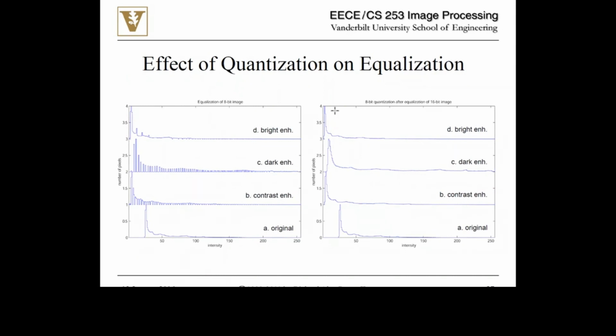This is the original image in 8 bits, and then we go with the different operations on 8 bits. Here we are stretching, and because of the stretching, we are creating these holes. Here, in the dark enhancement, we know that the holes are related to slopes larger or smaller than 1.